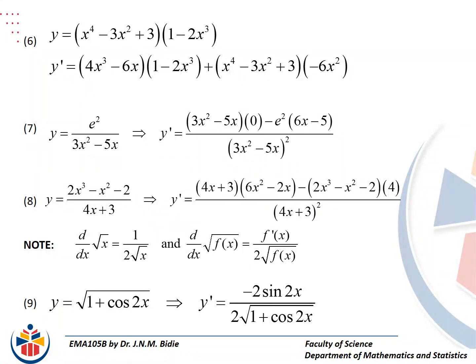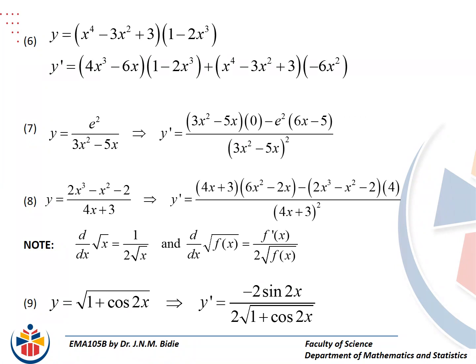Let me repeat this again. We use the product rule here. The product rule says take down first the second function and find the derivative of the first function. So you're multiplying the second function by the derivative of the first function, plus the first function as it is multiplied by the derivative of the second function.